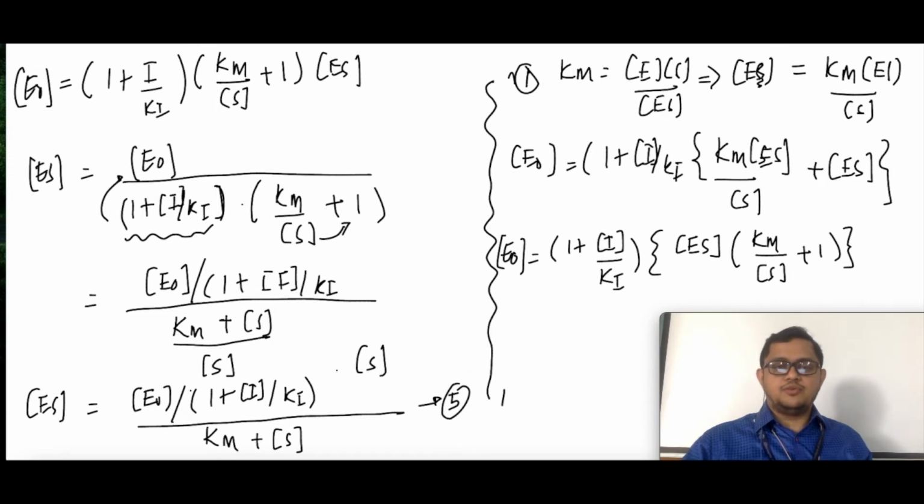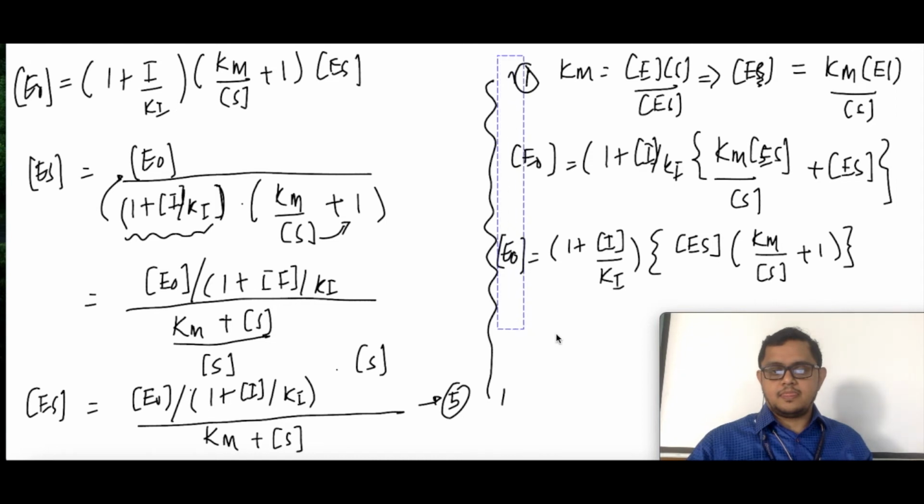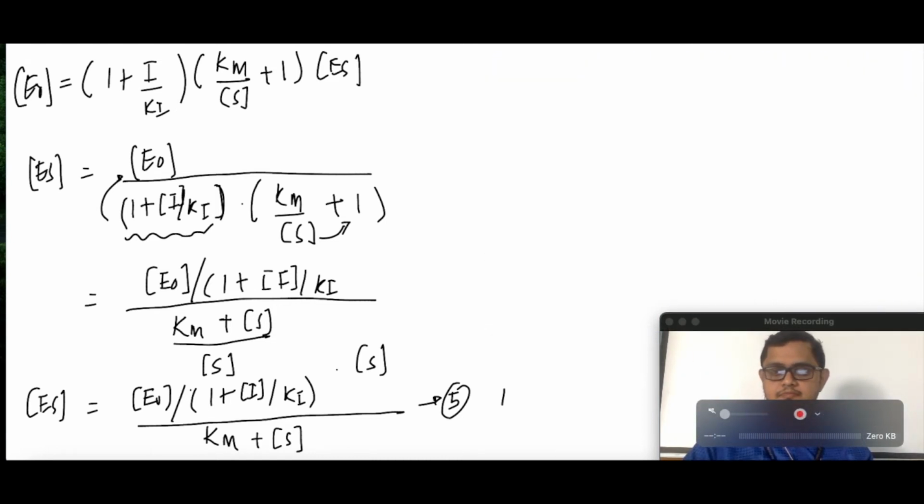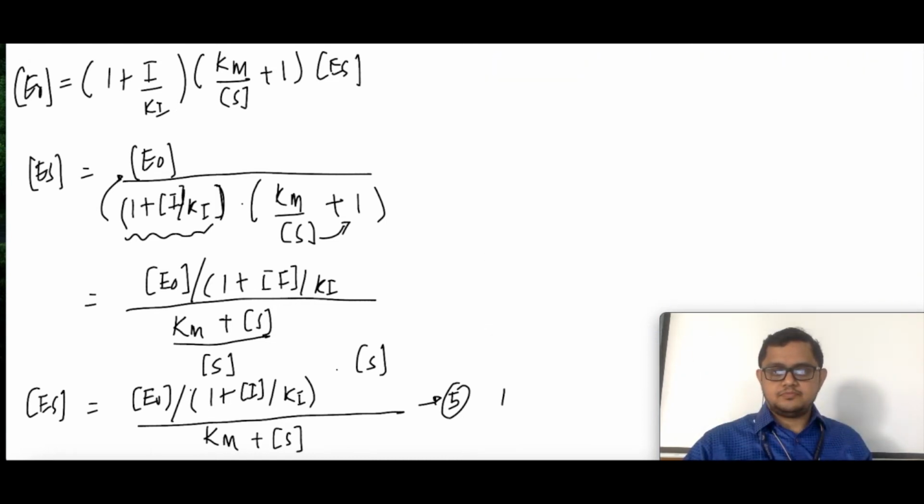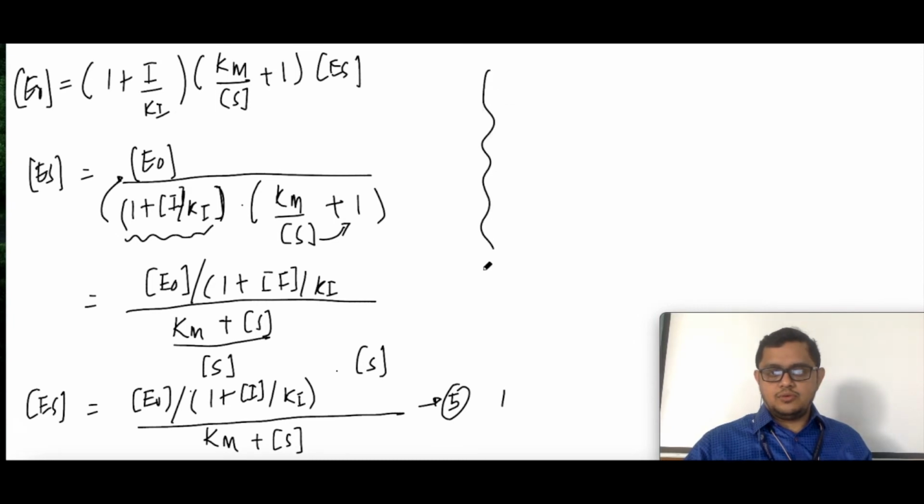You now substitute 5 in equation number 1. Let me erase this. So what is our first equation? The first equation is V is equal to K3 into ES.